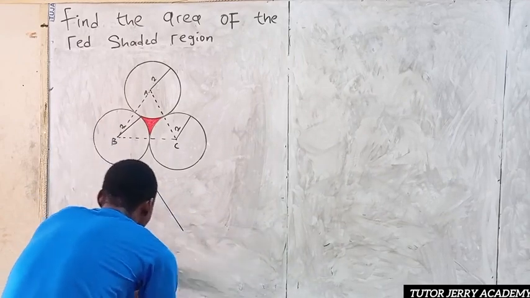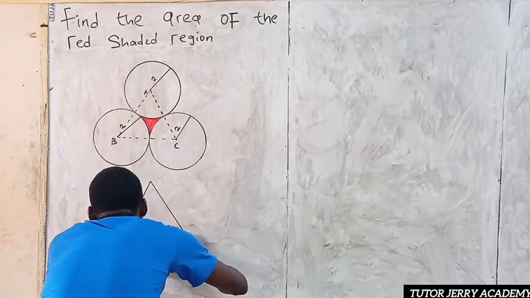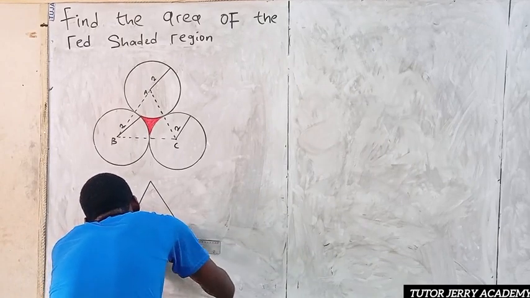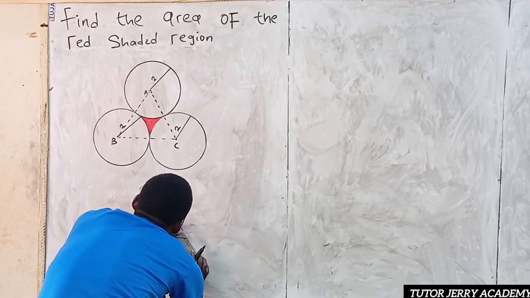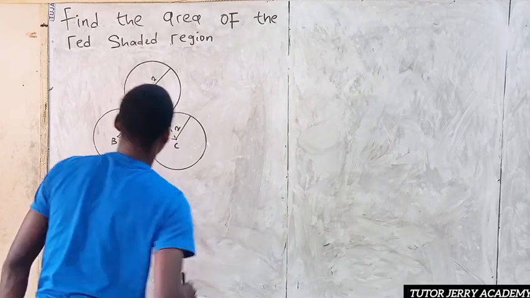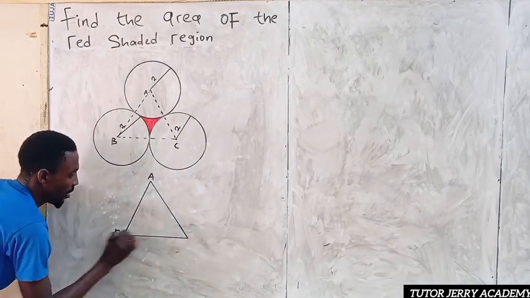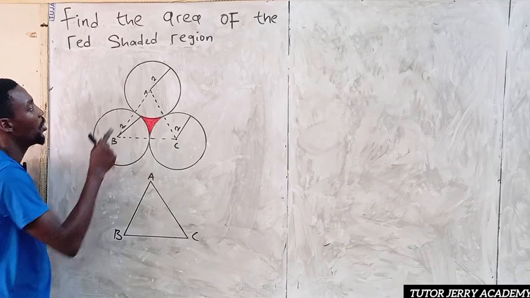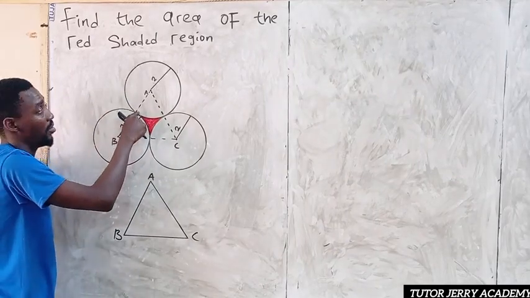So here we are going to have this. Here we have here to be our A, here to be our B, and here to be our C.